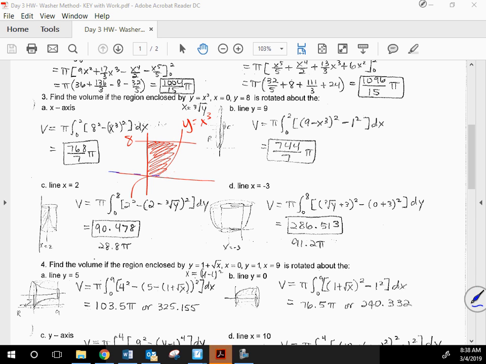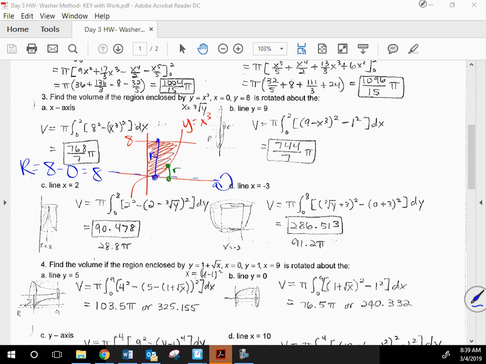When I go to rotate around my x-axis, again, when you establish your radius, always go from your axis of revolution to the edge of your solid, that's your big R. And then for your little r, from your axis of revolution to the edge of your gap, we just do top minus bottom. So my big R is top, 8, minus bottom, which is just 0 there, because we're going to our axis of revolution, so 8. And that makes sense. When I rotate this around, it stays that solid length of 8 all the way out.